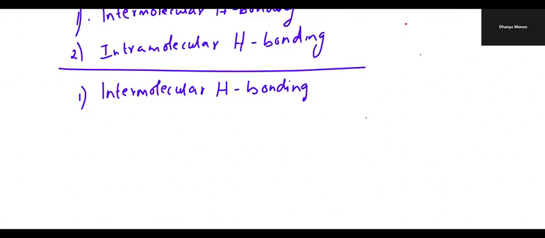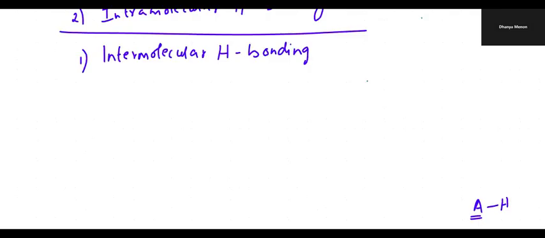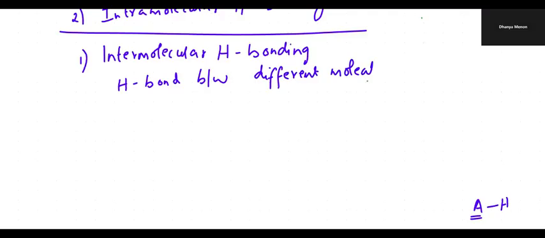So intermolecular means hydrogen bonds between different molecules. We just saw many examples a while ago.